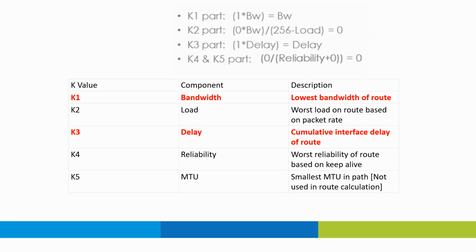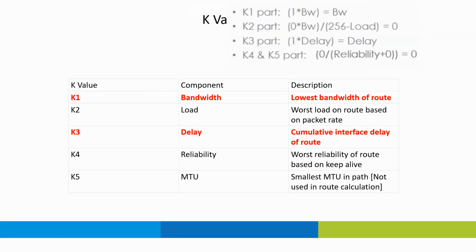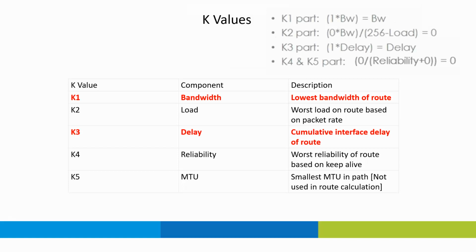So K1 is 1 times the bandwidth. K2, 0 times the bandwidth over 256 minus the load. K3 is 1 times the delay, which is going to be equal to the delay, and K4 and K5 are 0 over the reliability plus 0.